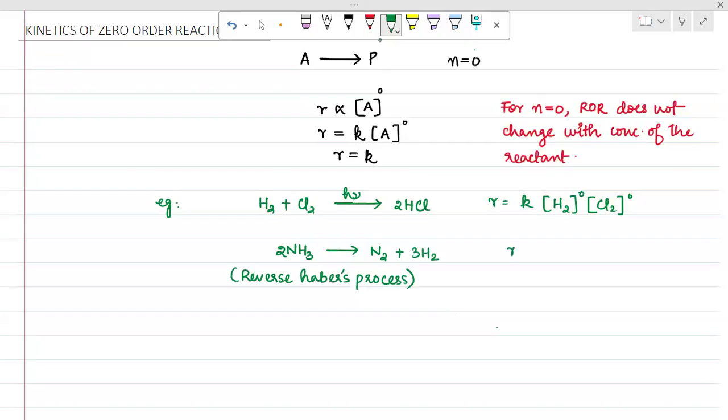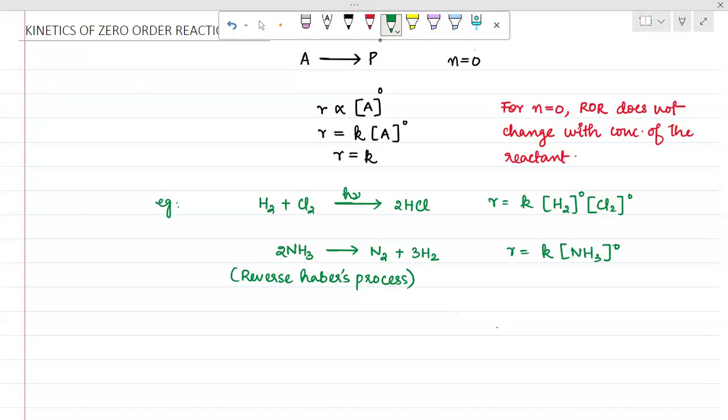Here also the rate does not depend upon the concentration of ammonia. So such reactions where the rate of the reaction does not depend upon the concentration of the reactants are called zero order reactions. Now from today onwards, we will slowly incorporate graphs also in our studies, okay?